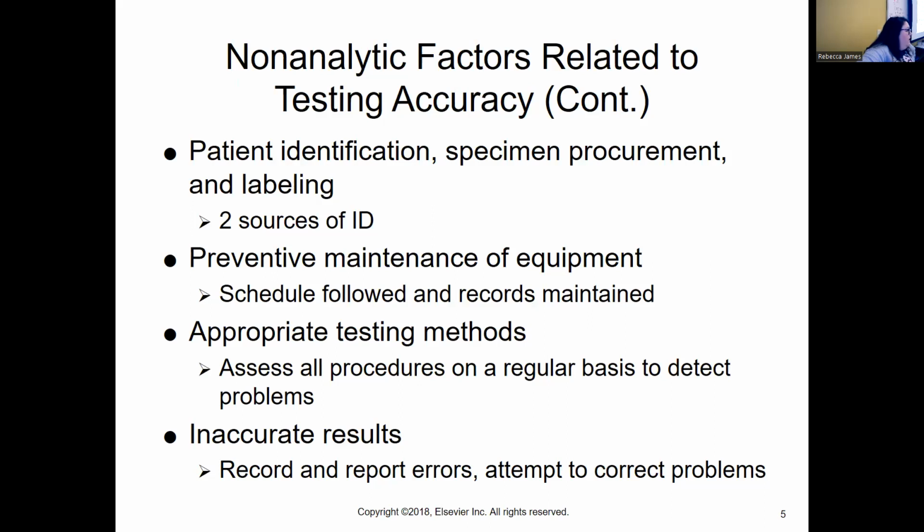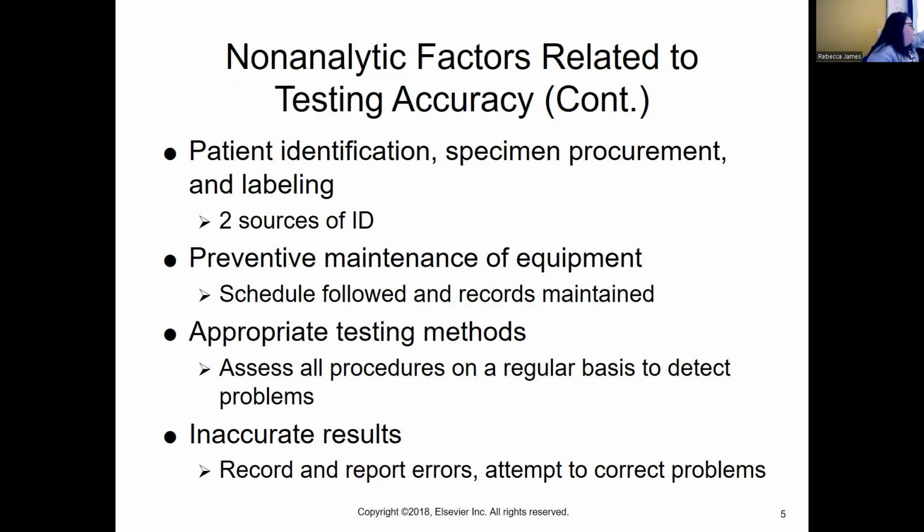And you're like, what the heck is PM? PM is preventative maintenance. A preventative maintenance schedule should be followed for all automated equipment. Failure to monitor equipment regularly can produce inaccurate test results and lead to expensive repairs, and it can. I have seen it firsthand.